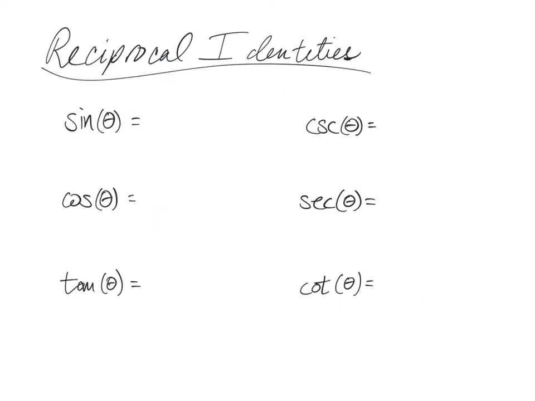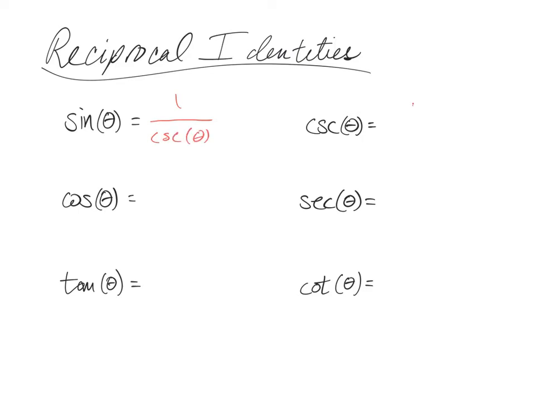Here on this slide, we will write the 6 reciprocal identities for these trig functions. I just made mention on the previous slide that sine and cosecant are reciprocal identities. So this is how we will write this. Sine of theta is the same thing as 1 over cosecant theta.